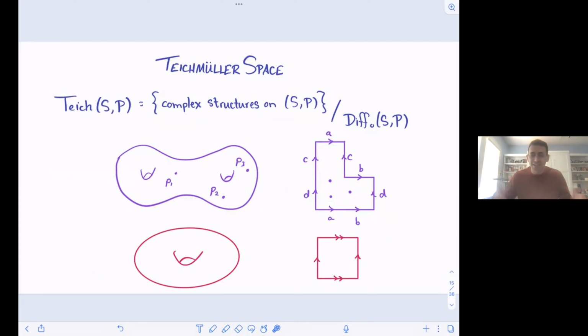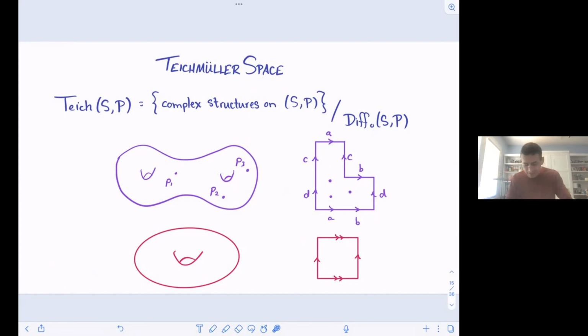And that extends in a unique way to a complex structure on the whole surface. So if I want to draw different complex structures on a genus 2 surface, I just modify the L shape. I can shear it, I can stretch it horizontally, and that's changing the complex structure. And then there are some marked points there. I can also move the marked points around.